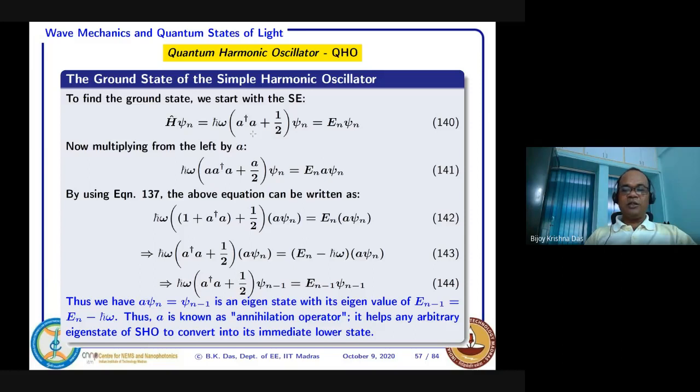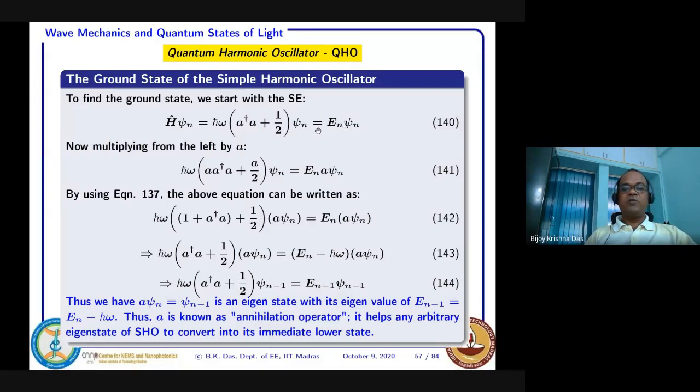So we'll do a little bit of processing here to derive the ground state. We left multiply by A on both sides. Let us forget this term, just this equal to this, and you multiply A from the left here, so here also you multiply A from the left.